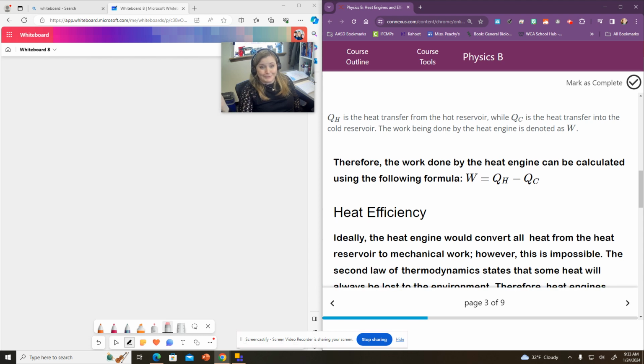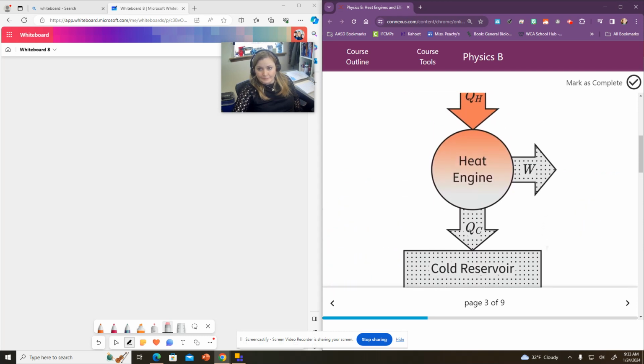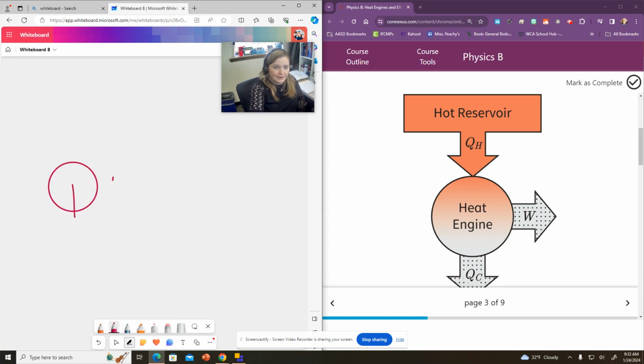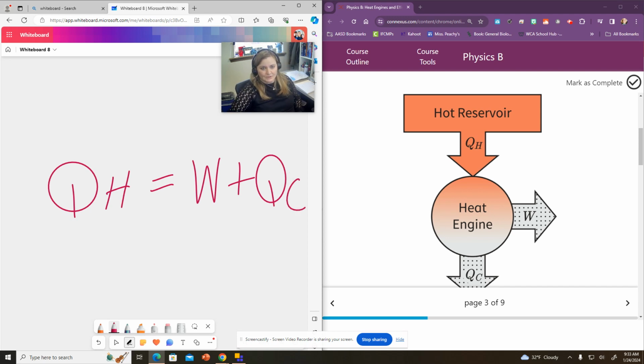Now, we can represent this in a mathematical formula. The heat that you're bringing in from the hot reservoir should be equal to the work that's done plus whatever energy is left over to go to the cold reservoir.